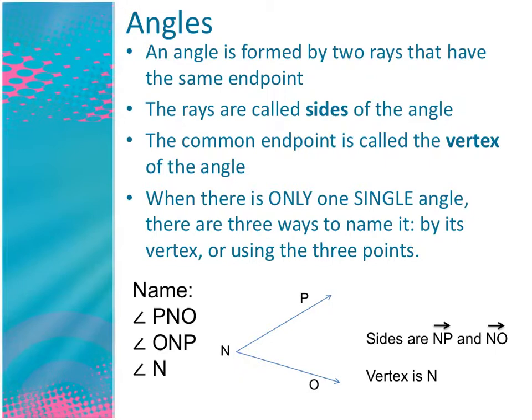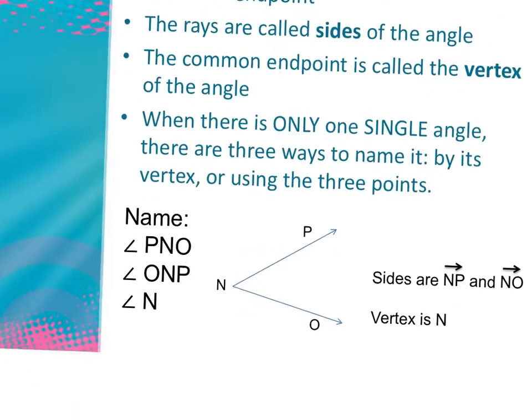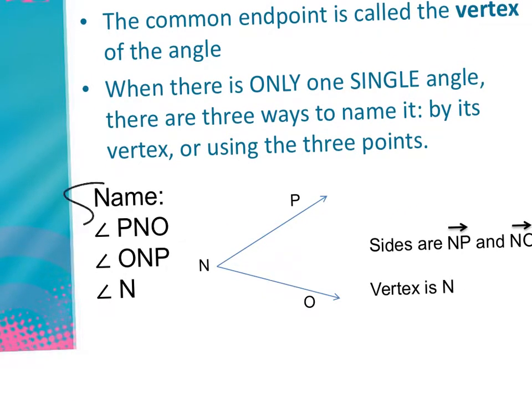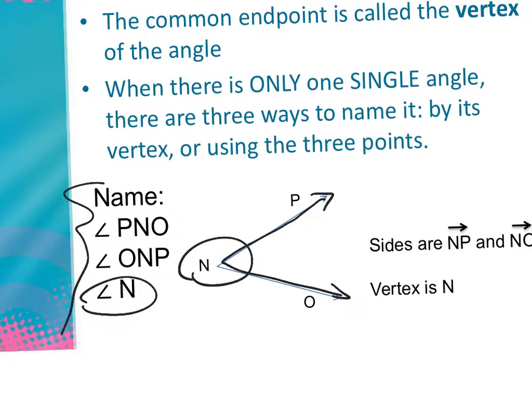There are three ways to name the picture of this angle down here. When it's only a single angle like this, we can name it by the vertex point, which is going to be angle N. The other two ways would be to name it with three letters.